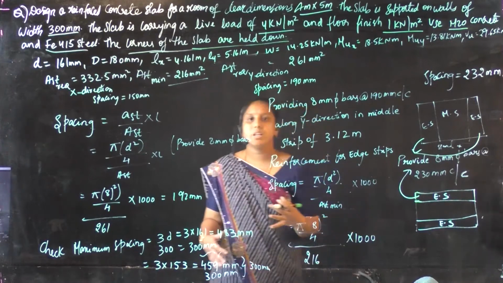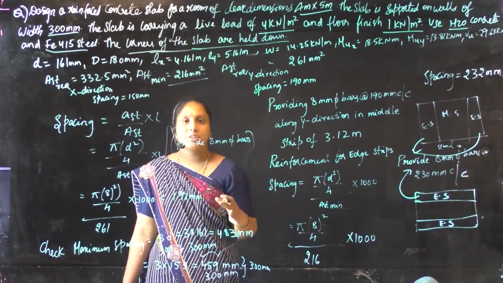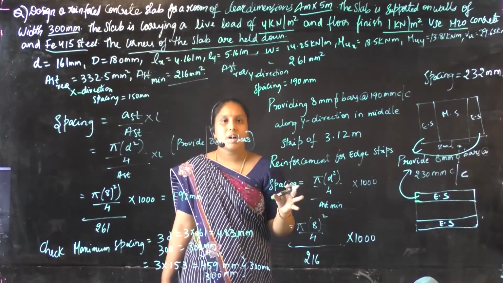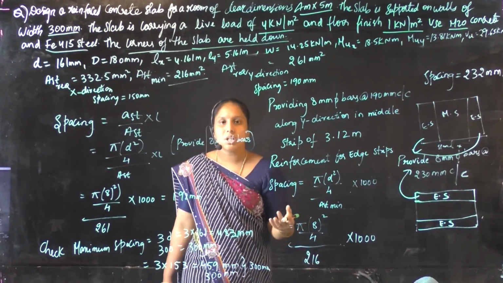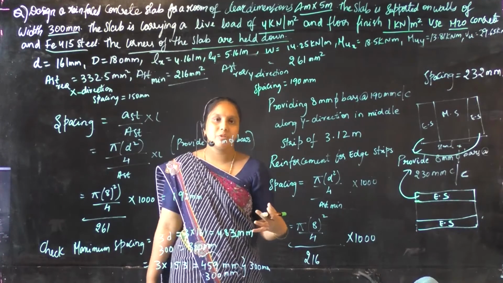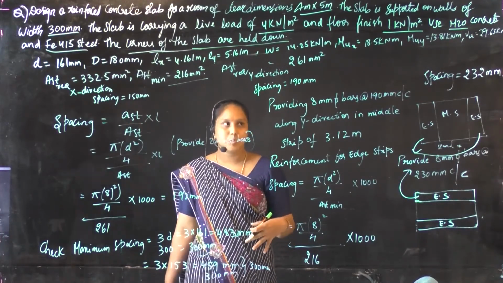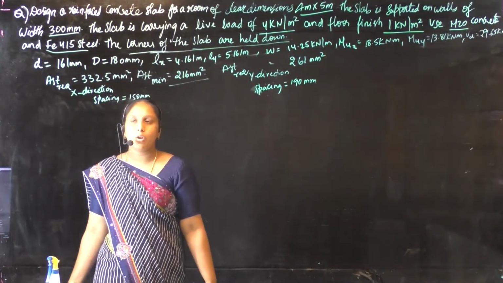Now we have calculated the reinforcement along the x direction and y direction, as well as the reinforcement to be provided at the edge strips. Now we have to calculate the torsional reinforcement which has to be provided. Now let us calculate the torsional reinforcement. We have to provide the torsional reinforcement at the corners.